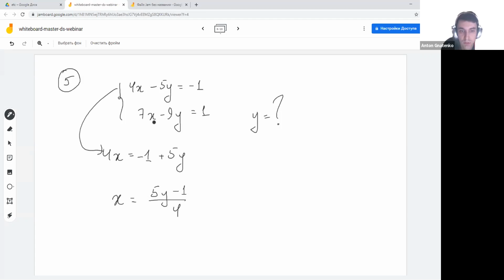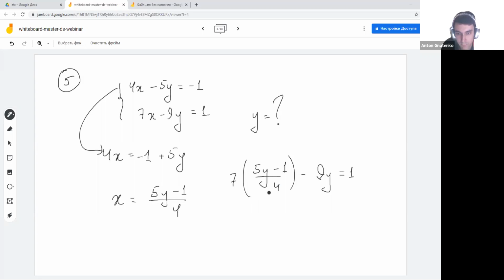Then I substitute x with this expression in the second line. So I put 7 times (5y minus 1) over 4, minus 9y equals 1. Now I only need to solve this equation for y, and I will obtain the answer. I don't even need to compute the value of x because I am not asked for it.